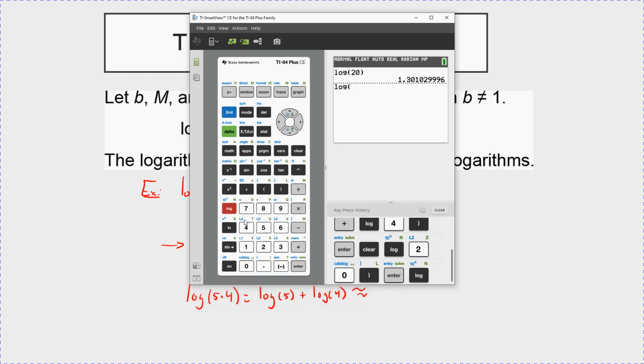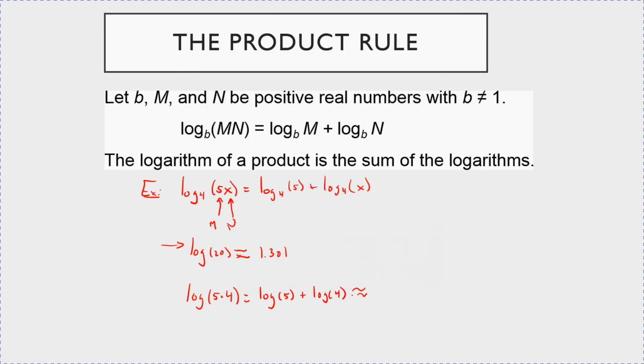So log of 5 plus log of 4, you get the same thing. Boom, exactly the same. So this product rule absolutely works. Whenever you see multiplication like this, think of it as something you can break up as addition.